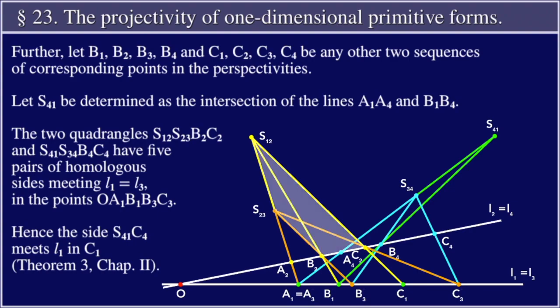The two quadrangles S12, S23, B2, C2, and S41, S34, B4, C4 have 5 pairs of homologous sides meeting L1, which is equal to L3, in the points O, A1, B1, B3, C3. Hence the side S41C4 meets L1 in C1 by Theorem 3 of Chapter 2.